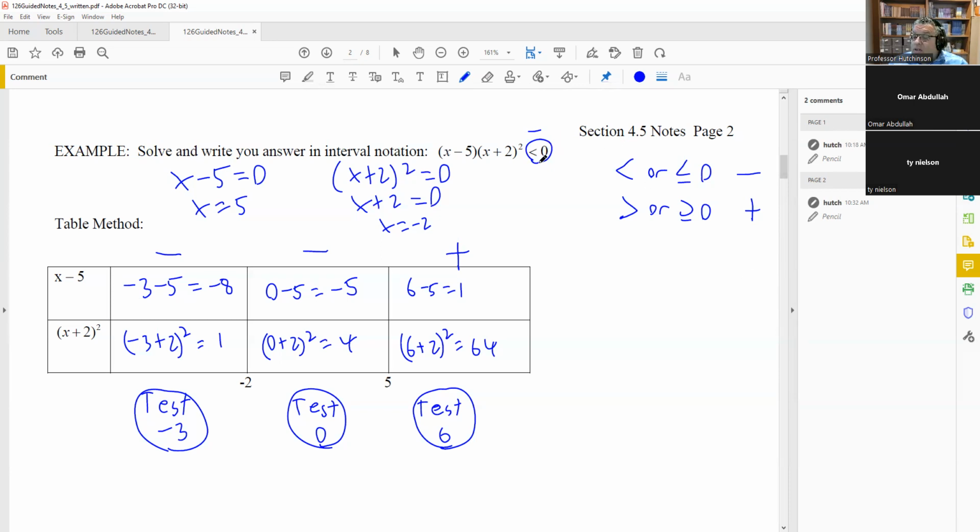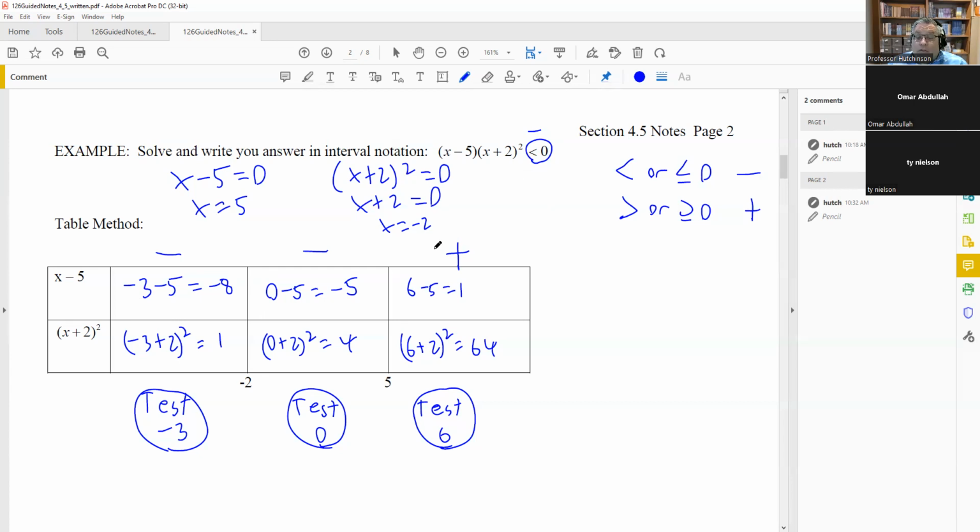Now, because it's less than 0 and not less than or equal to 0, I have to actually split this interval up, because at -2, which is what I have right here, it's going to be equal to 0. In that case, I don't want to include the number that equals 0, because that's similar to the graph question we did earlier.